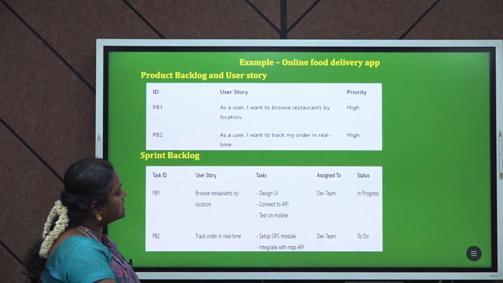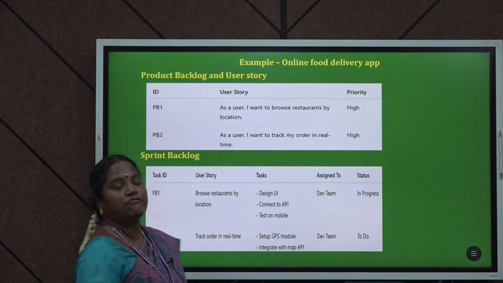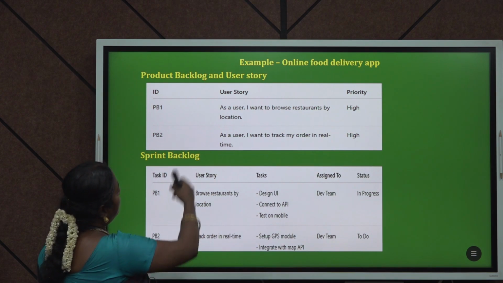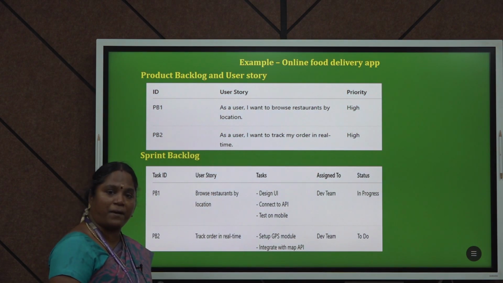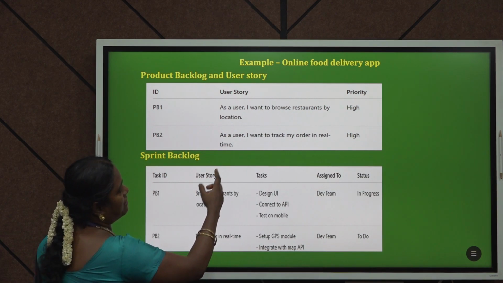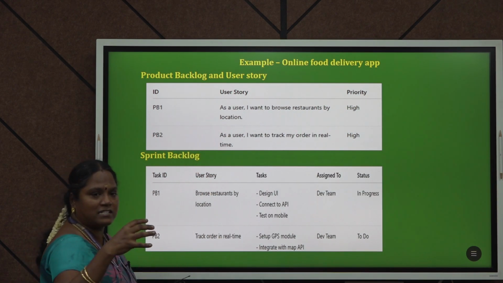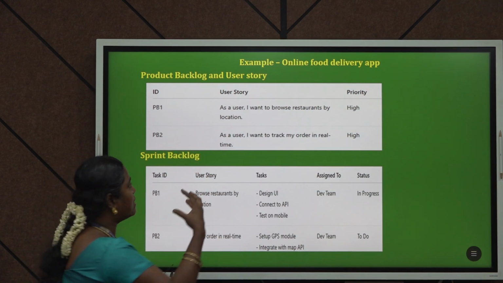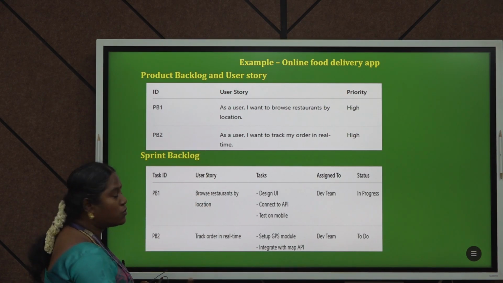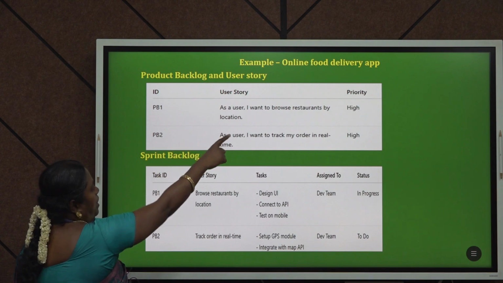Consider a simple example, an online food delivery app. Through this example we can differentiate the product backlog and the sprint backlog. For the online food delivery app, we have collected some requirements from the user in the format of user stories. Here I have considered only 2 user stories in the product backlog.